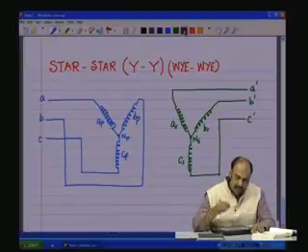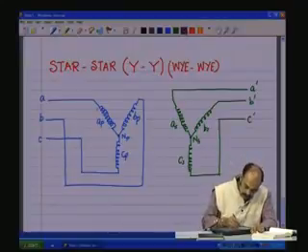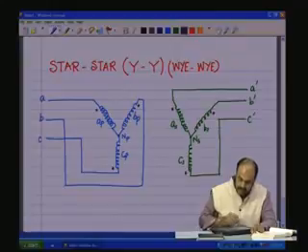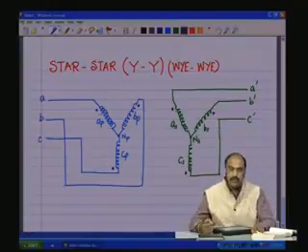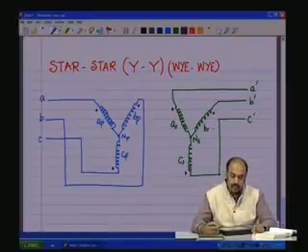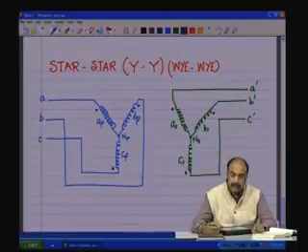What is important? We have to show the dot polarities. So, we have the dots away from the neutral, dots away from the neutral. Here also the dots indicate that if the measurement is made with respect to those points, then the phases on the primary and the secondary will be exactly in phase.